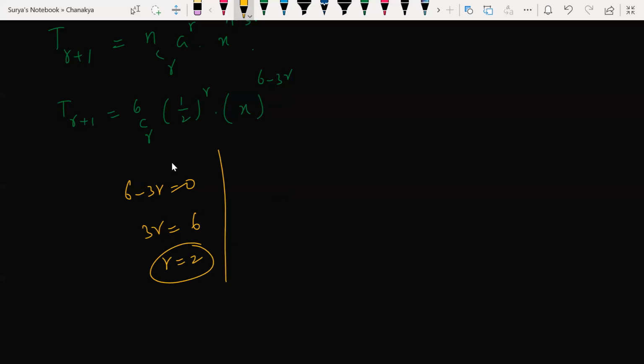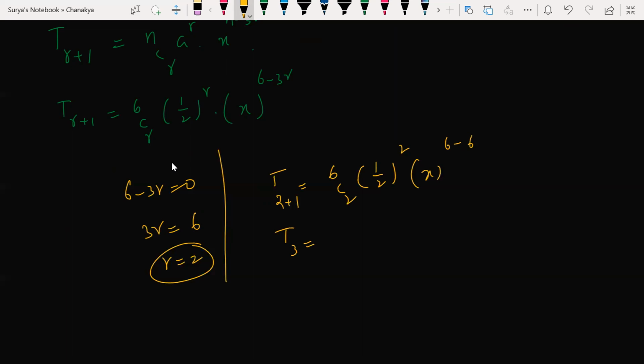Now guys, r value is 2 means T3 is going to be what? 2 plus 1 is equal to 6C2, 1 by 2 to the power of r, r means 2, right? Into x to the power of 6 minus 3 into 2, 6.